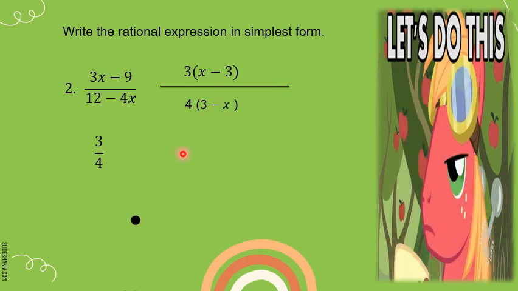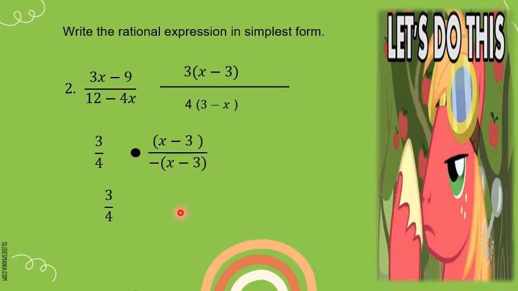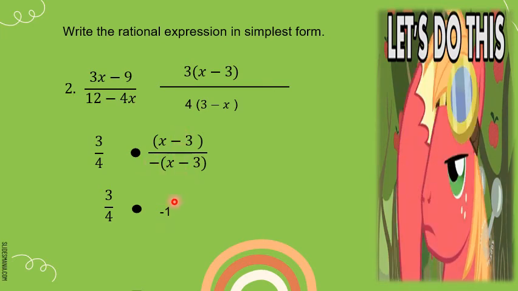We have 3 over 4, times quantity x minus 3 over negative quantity x minus 3. Then copy, and let's do step 3. Write negative 1. Why is it negative 1? Because we have a negative here, and this is the same, so that's 1. Then multiply, that's negative 3/4.